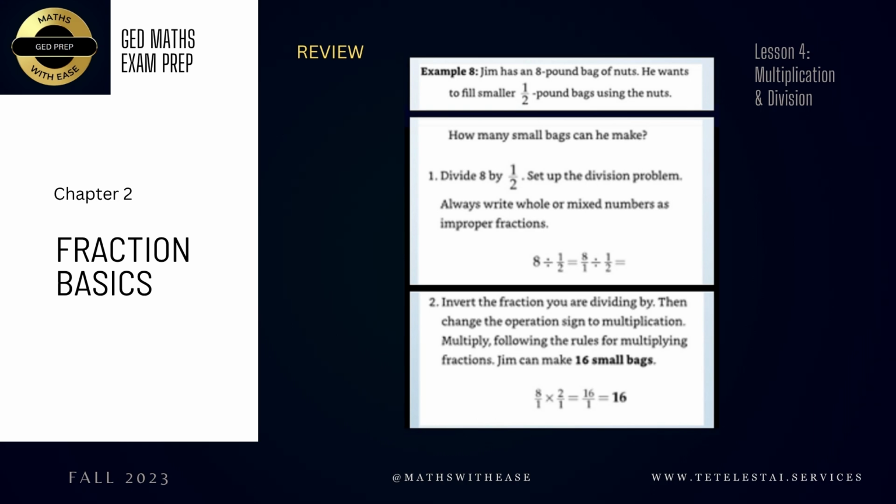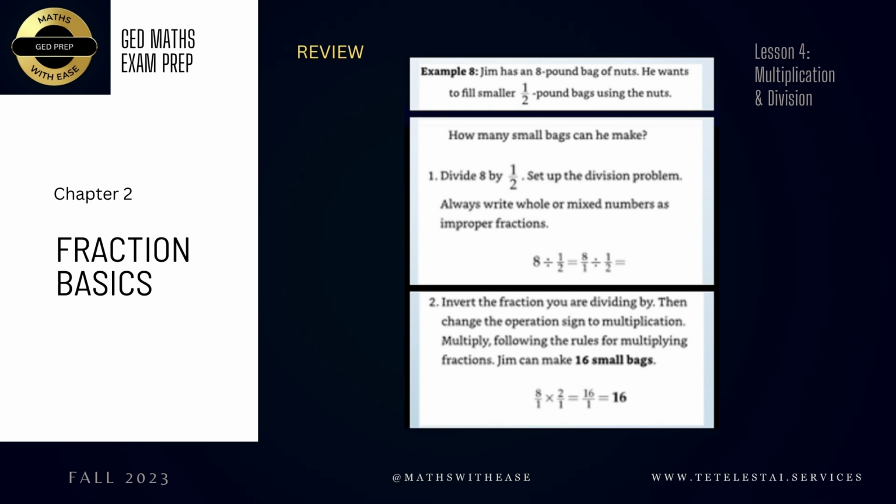You would change your whole number to a fraction by just simply putting 1 underneath as your denominator. And then to divide by 1/2, you need to flip the divisor, which is 1/2, on its head. And so now we're working with 8/1 times 2/1.